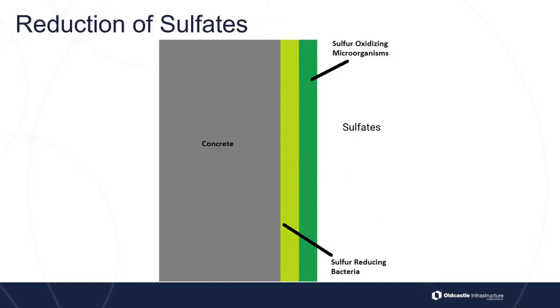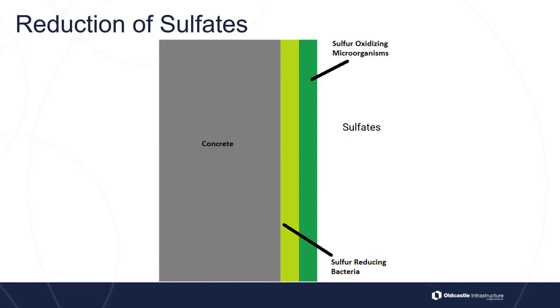So the biofilm will contain an aerobic sulfide or sulfur oxidizing microorganism at the interface between the liquid and the biofilm. Now, as oxygen diffuses into the biofilm, it's consumed by the SOMs, and it results in a gradient of dissolved oxygen that approaches zero near the structure wall, so near the concrete there.